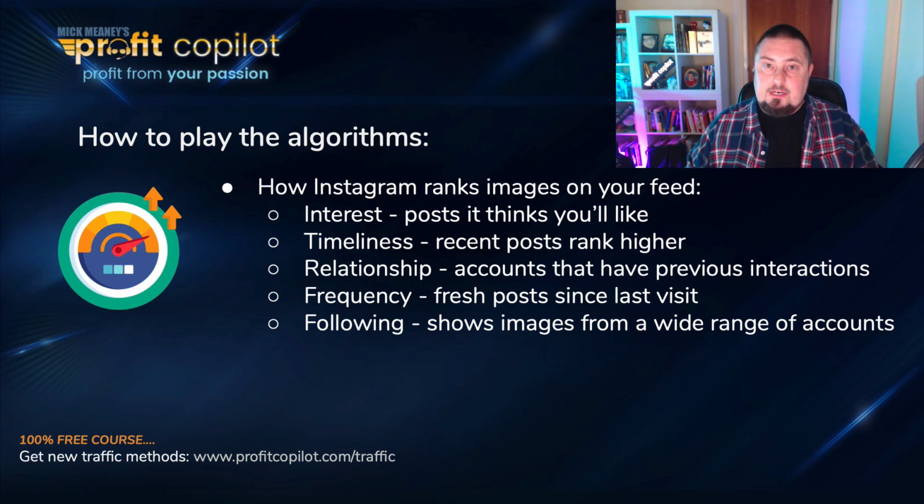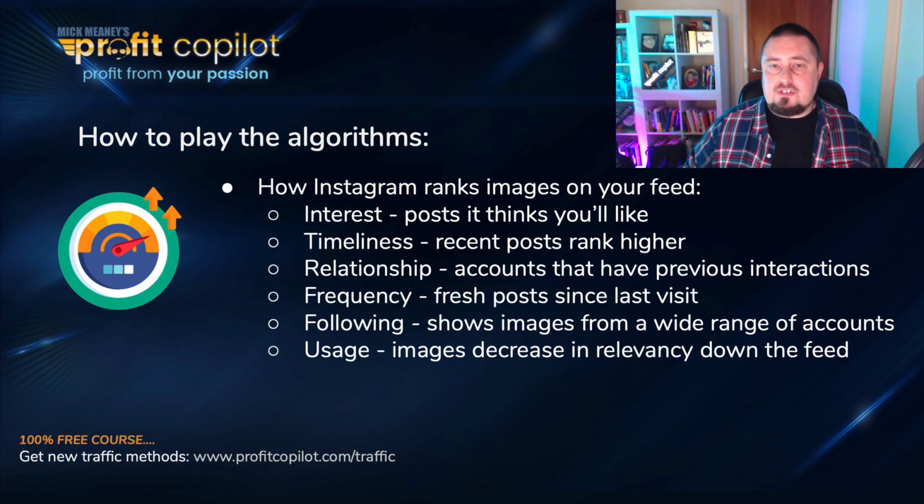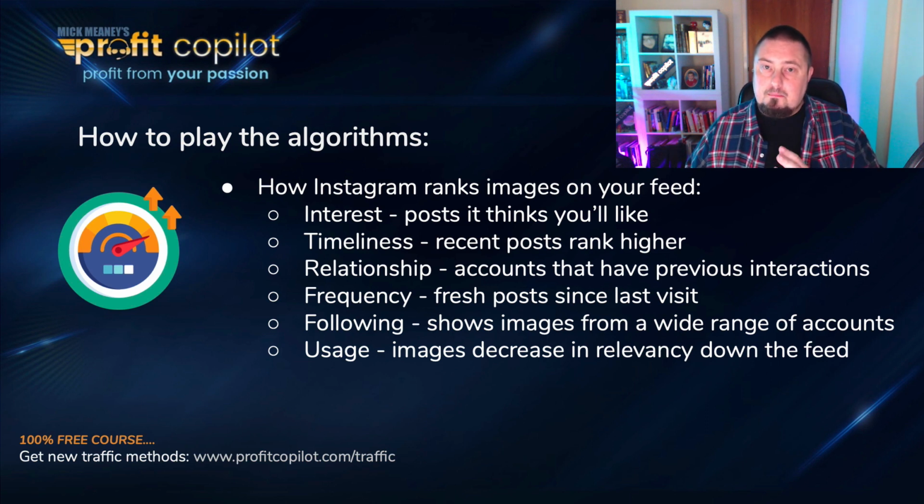Instead of just showing you content exclusively from a small group, it's going to try and get you a good mix. It also looks at the usage. So the further down you scroll on the feed, the relevancy is going to decrease. So it's going to show you the most relevant stuff first.